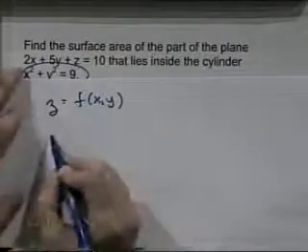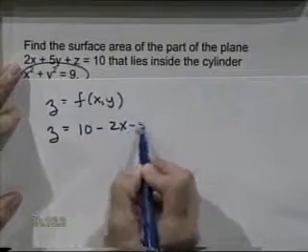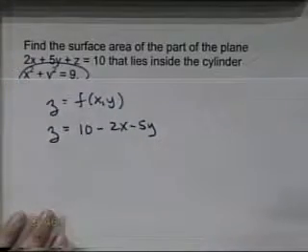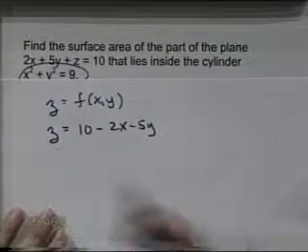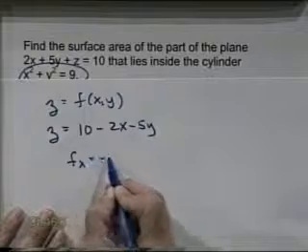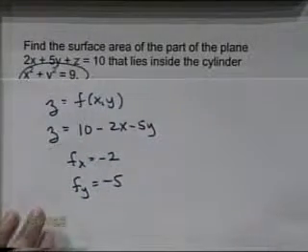In this particular case, my surface is z equals 10 minus 2x minus 5y. That's my surface that I'm finding the surface area of. So my fx is negative 2, and my fy is negative 5.